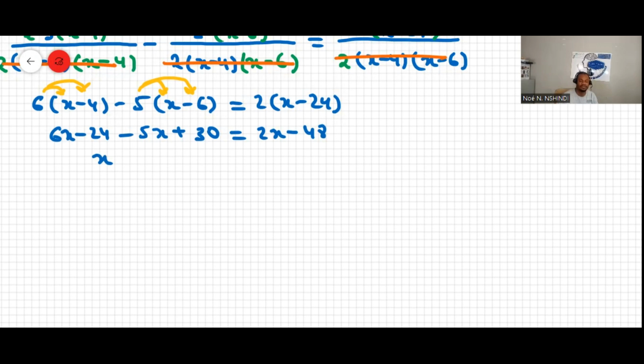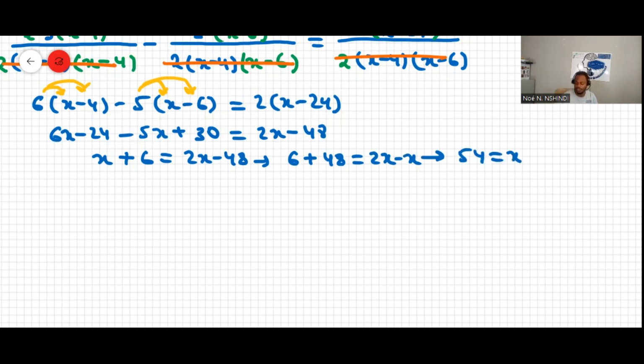X. Negative 24 plus 30 makes positive 6 equal to 2x minus 48. Now, if I move the x over and the negative 48 over, that makes like 6 plus 48 equal to 2x minus x. So this will be 54 equal x. So the value of x here in this question 7 is 54.